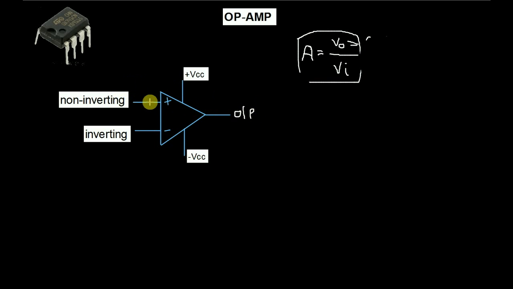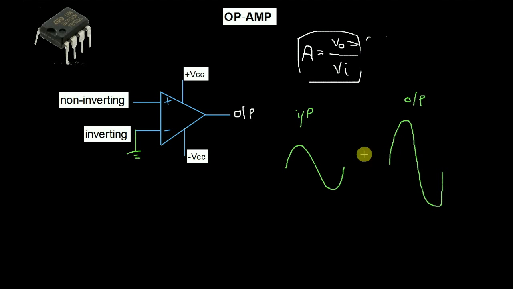That's why we call it a non-inverting input or non-inverting terminal. Suppose we give this signal to the positive input and consider that the negative input is grounded. After amplification we will get this signal. This is the amplified version of the input signal. This is the input and this is the output.